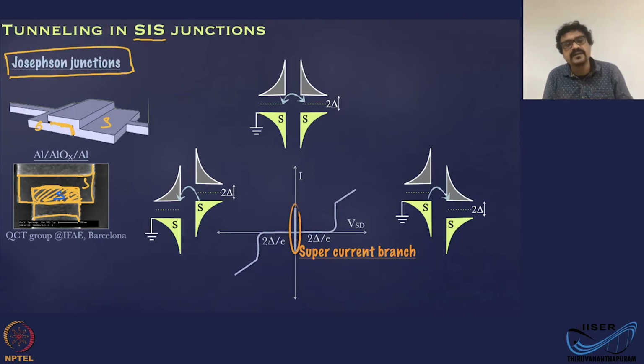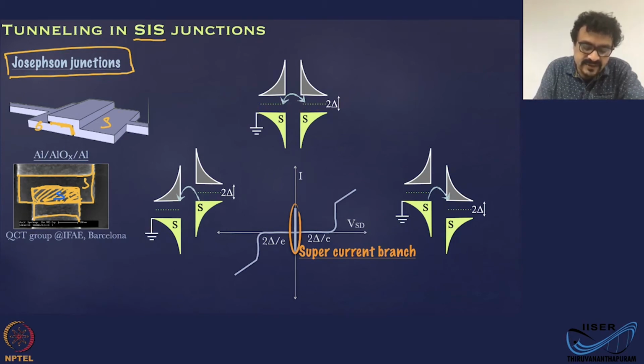Okay, now let's discuss the transport. Since both are superconductors, let's assume that they are the same superconductor, the same material. So the gaps are the same on either side, the transition temperature is the same, everything is the same. At zero bias, the Fermi levels on both sides are aligned.